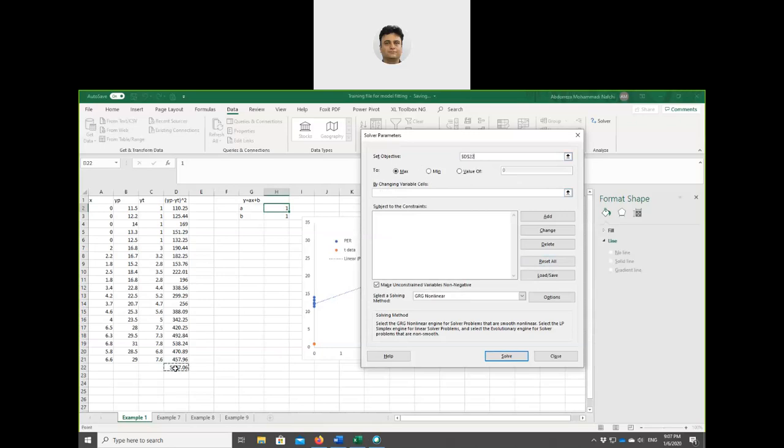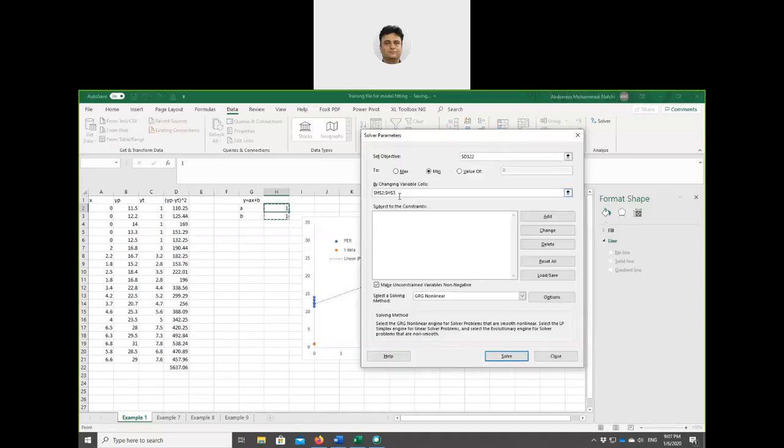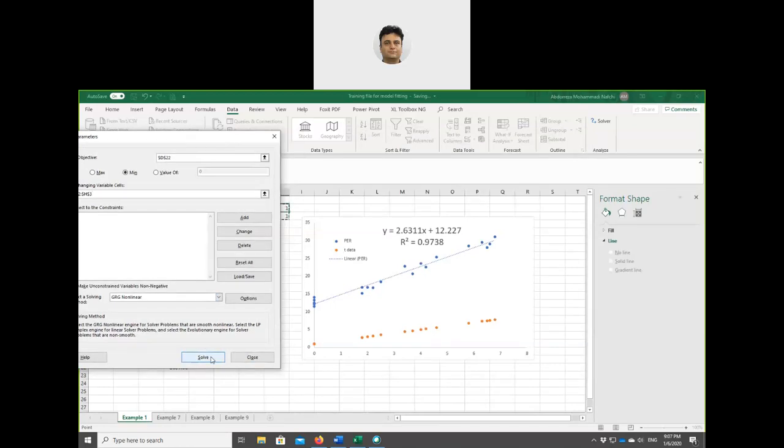I want to minimize this cell, set the objective to minimize by changing this H2 and H3. That's all. And I want to show you here what will happen to the graph when we press Solve. You can see here our data based on the one and one. I want to press Solve and you will see the magic of Excel now.